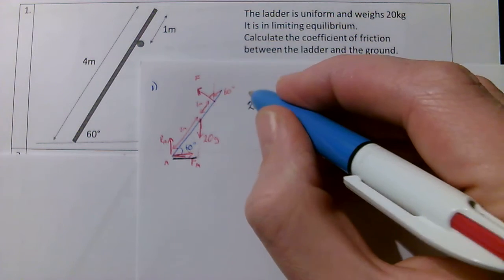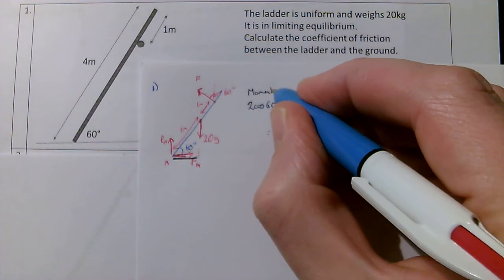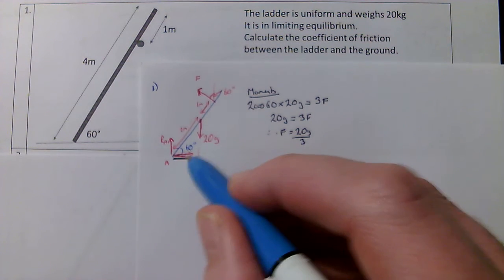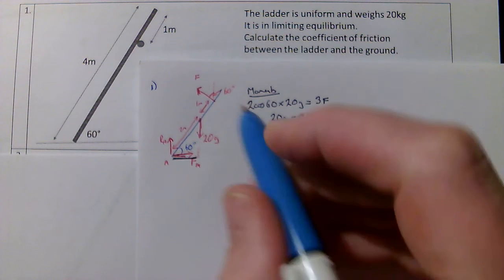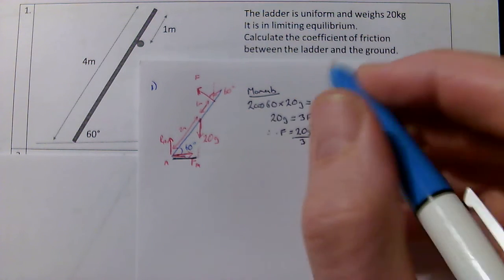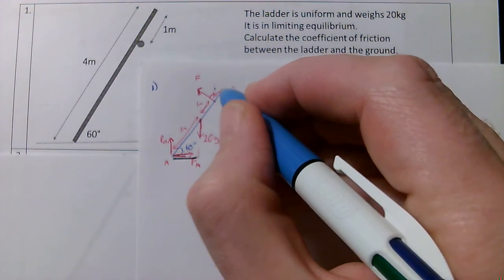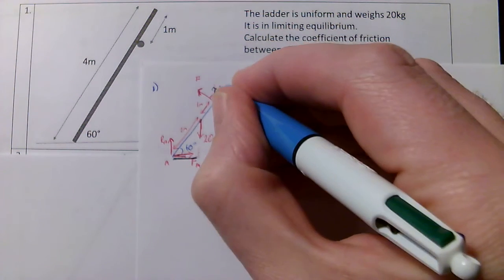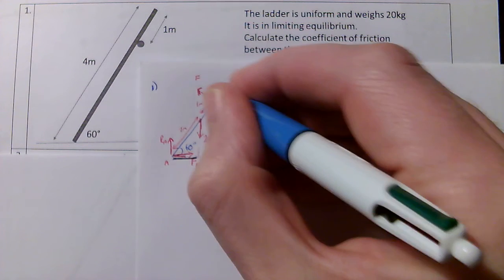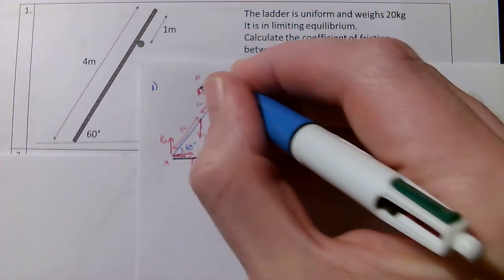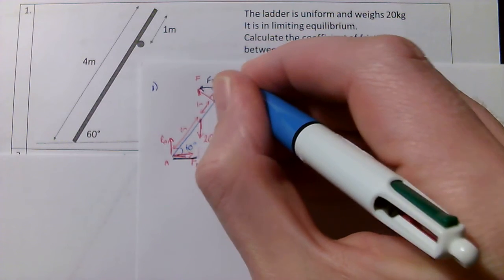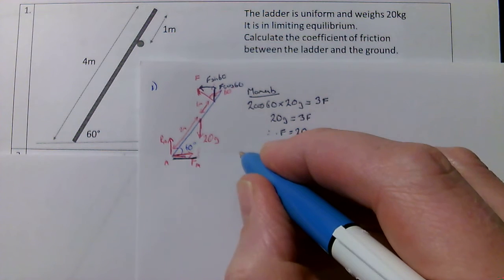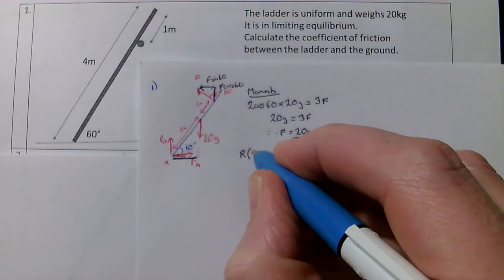The second thing I'm going to do is to now resolve those forces. Well, here, these are vertical, horizontal, vertical. The only one which isn't horizontal or vertical is this force F. So what I'm going to need to do is to resolve that. Now, here, if this is 60, the vertical component then must be F cos 60, and the horizontal component must be F sine 60. So, let's start by resolving vertically.